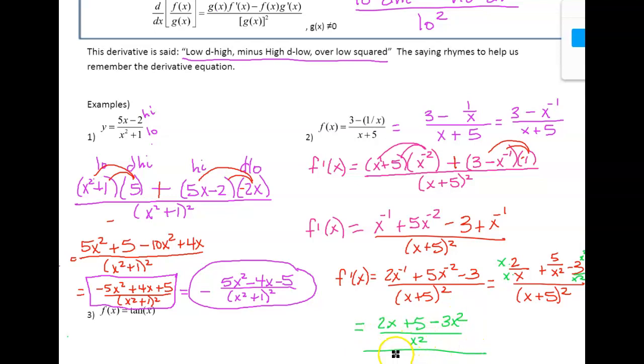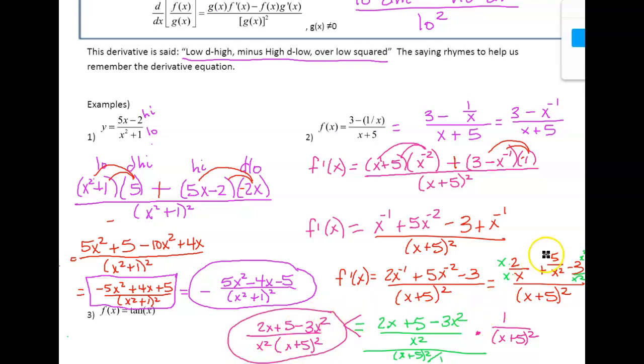And then that's all over this, which is really over 1. So then you multiply by the reciprocal. So 1 over x plus 5. So nothing will reduce, and we just write this as one fraction. So I'm going to write it over here. We would get 2x plus 5 minus 3x squared all over x squared quantity x plus 5 squared.